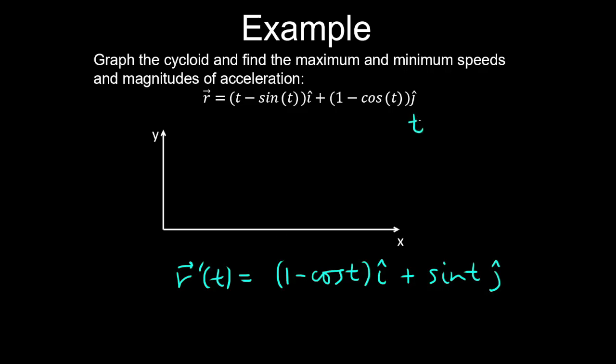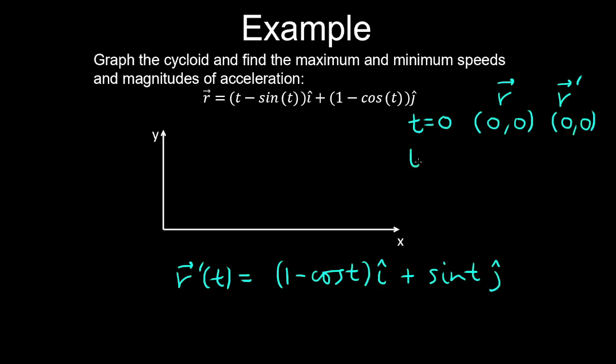So at t equals 0, we have the position along the cycloid being x equals 0 and y equals 0. So that's the position. And the velocity has components 0 and 0. So the tangent line here is vertical.